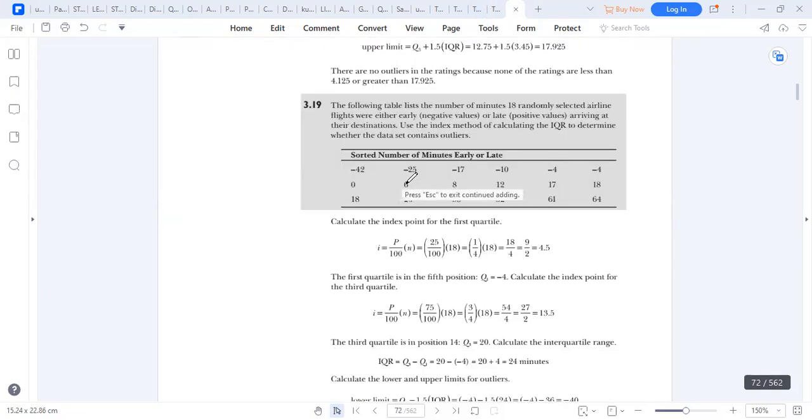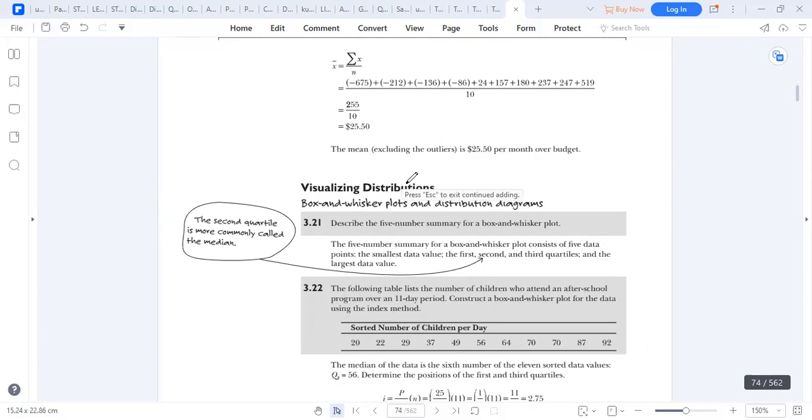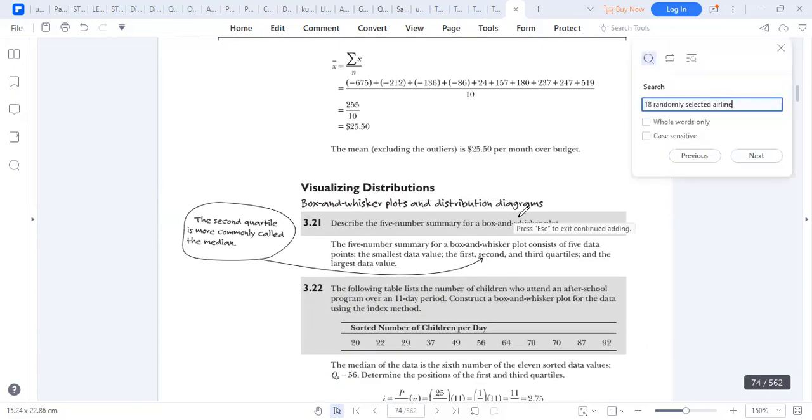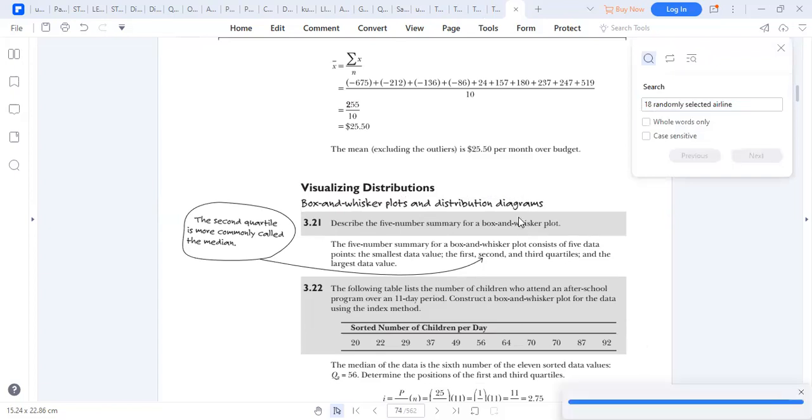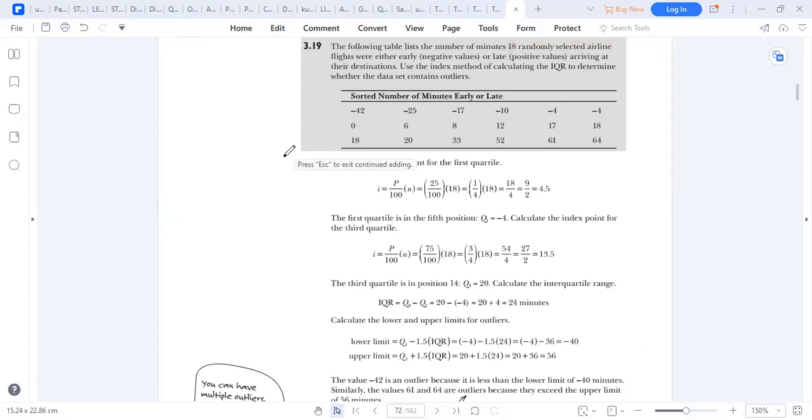So if there are no questions, we can proceed to another example here. The following table shows 18 randomly selected airline flights.